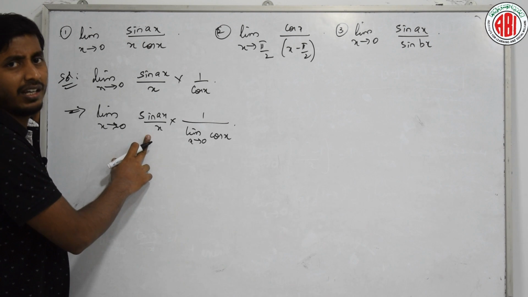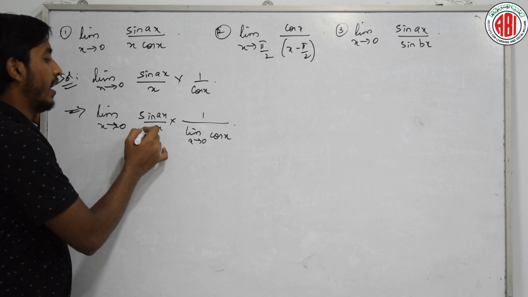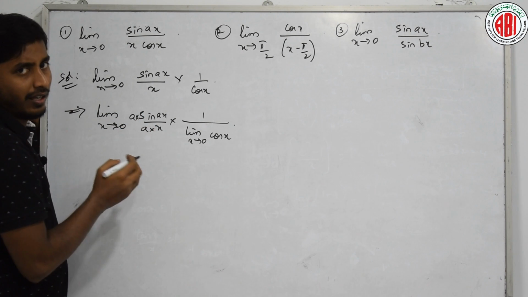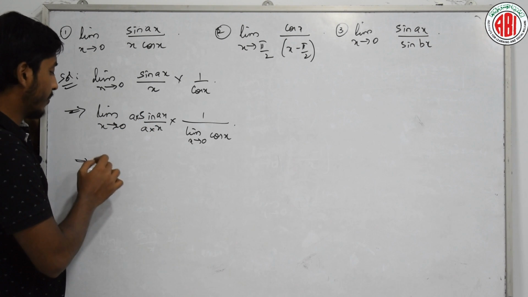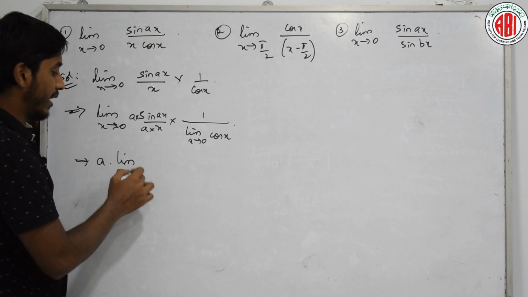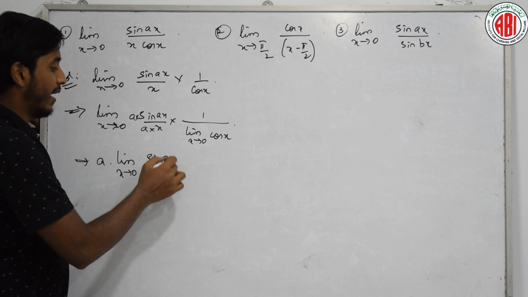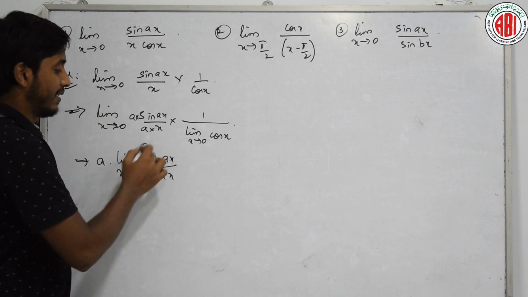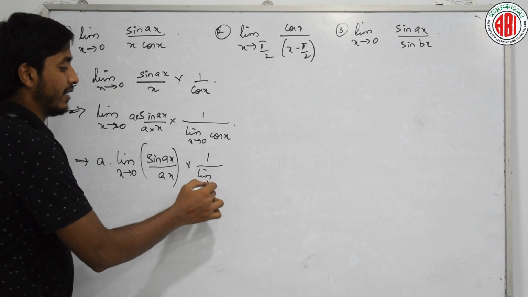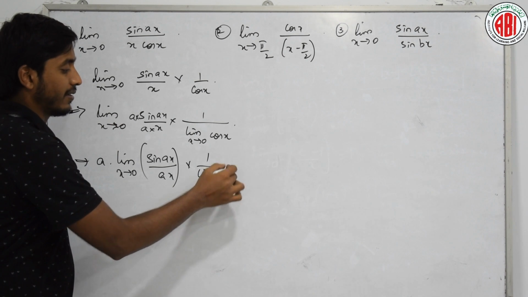Now tell me, do I have the formula of sin ax by x? We don't have, right? If I multiply a to numerator and denominator, can I get it? Yes, we can. Let us take this a outside. This will become limit x tends to 0 sin ax by ax into limit x tends to 0 cos x.